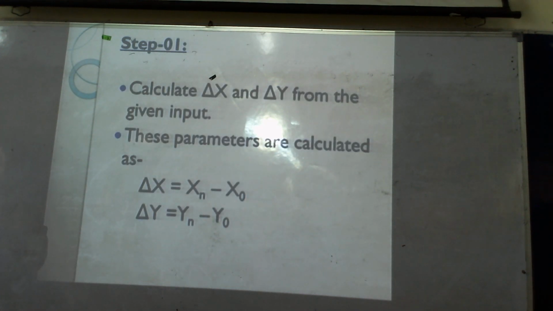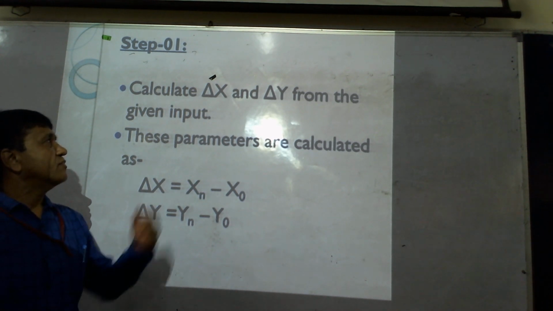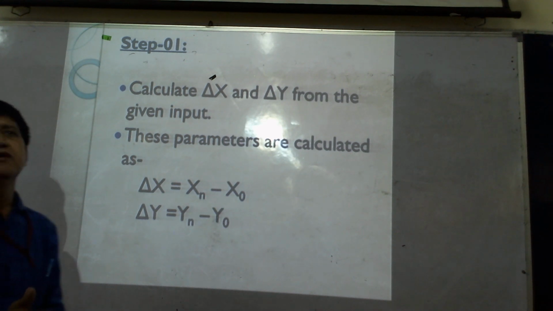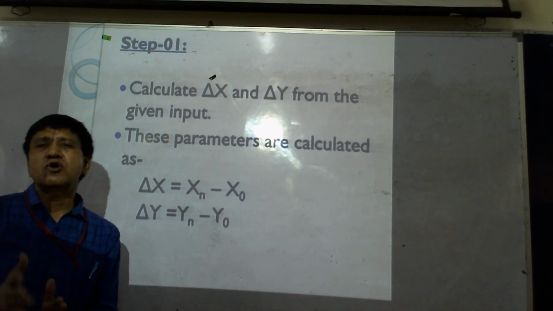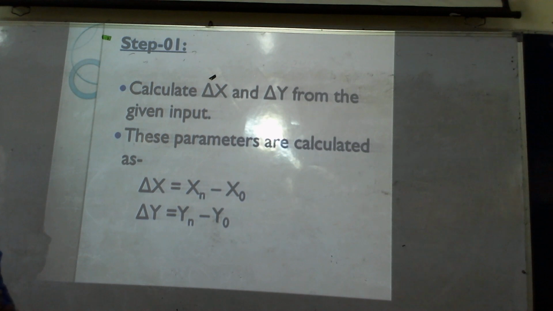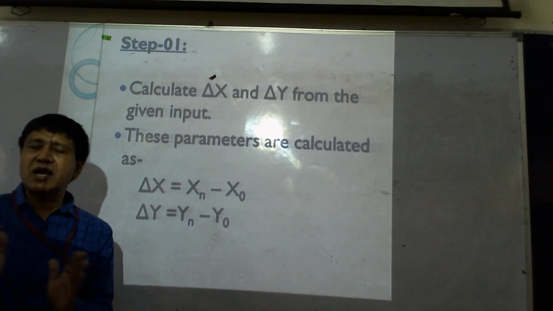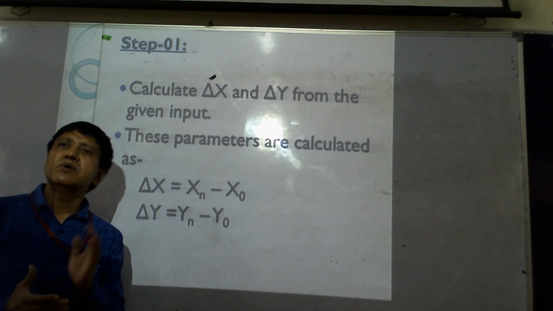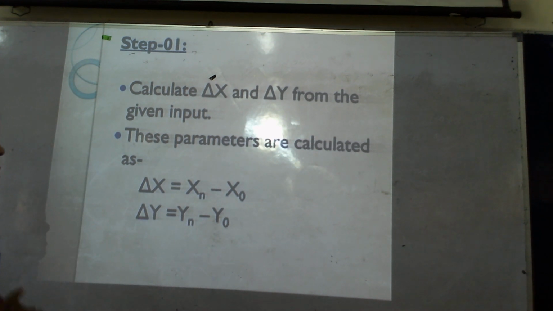See, first of all, we have to calculate delta x and delta y. This is actually the difference between the x coordinate values and between the y coordinate values. By calculating the difference between the starting coordinate and ending coordinate, we get delta x and delta y.